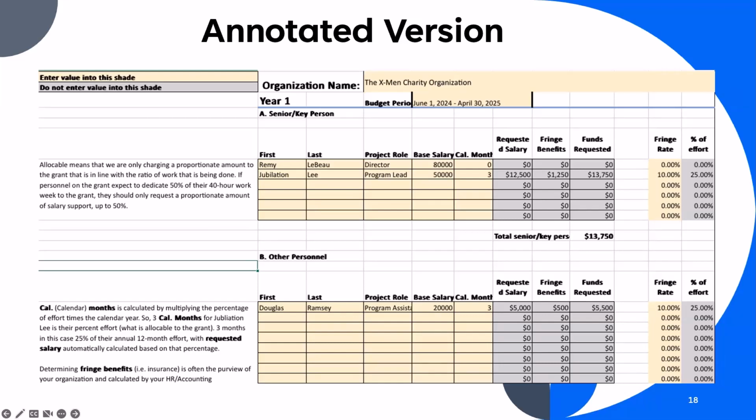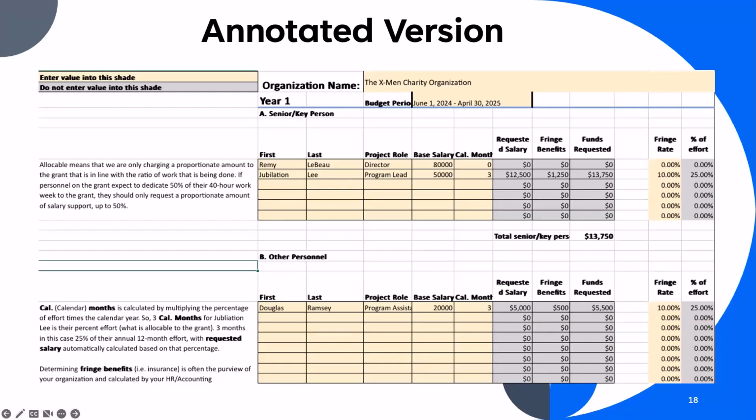It might look different based on your project, which is why I emphasize that this is just an example, because the size of your institution, the size of your project, and the number of people available to work on your project all vary. So this isn't to say that you can only have two people as key personnel or anything like that. This is just an example.